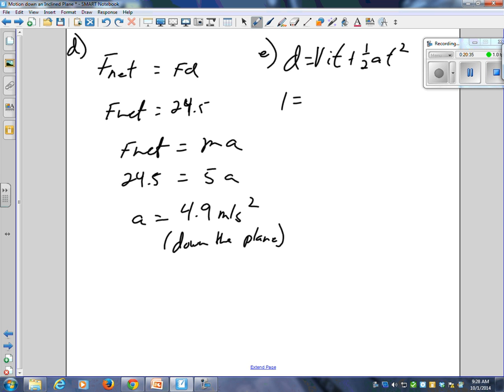Initial velocity, 0. Acceleration, 4.9 meters per second squared. T is going to be the square root of 2 times 1 divided by 4.9, or I get 0.64 seconds.